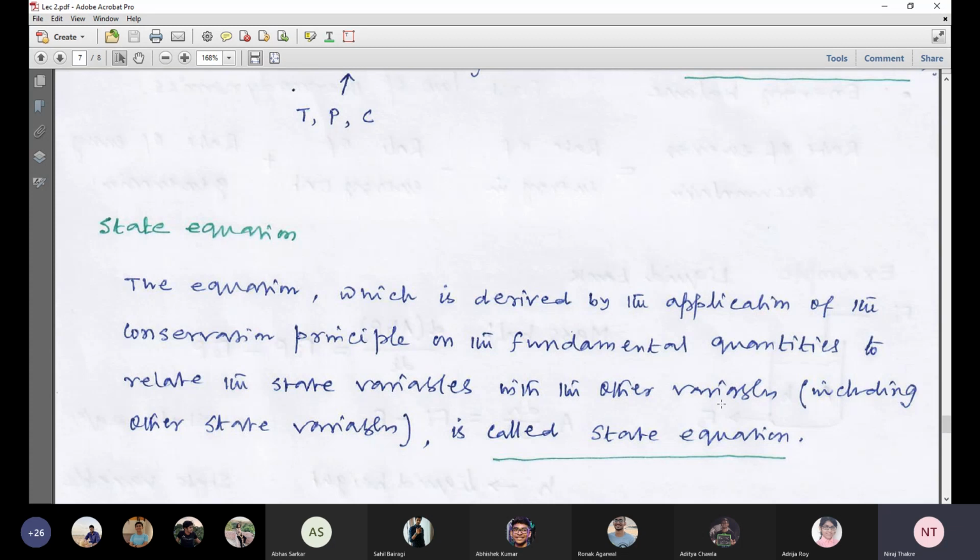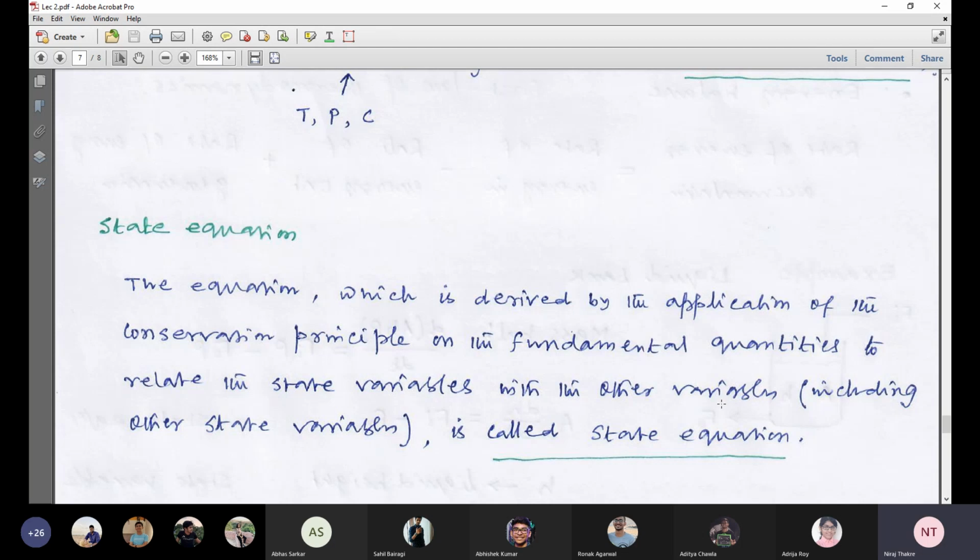This is a state equation. Straightforward way to remember this: for a particular process, if you apply the conservation of mass principle and you get one equation, that resulting equation is called state equation.